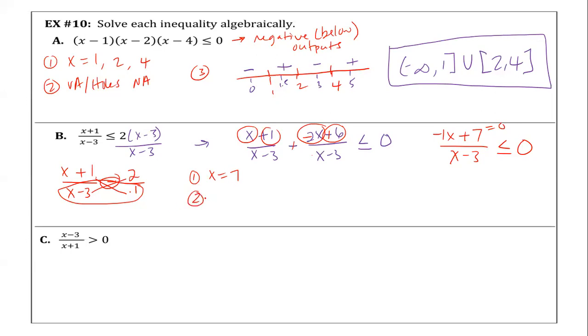Next, we find our vertical asymptotes or our holes at x equals 3. There isn't one. Wait, how do we know if there's a hole again? It eliminates from the numerator and the denominator. Okay, yes. So on our line, we have only 3 and 7, correct?